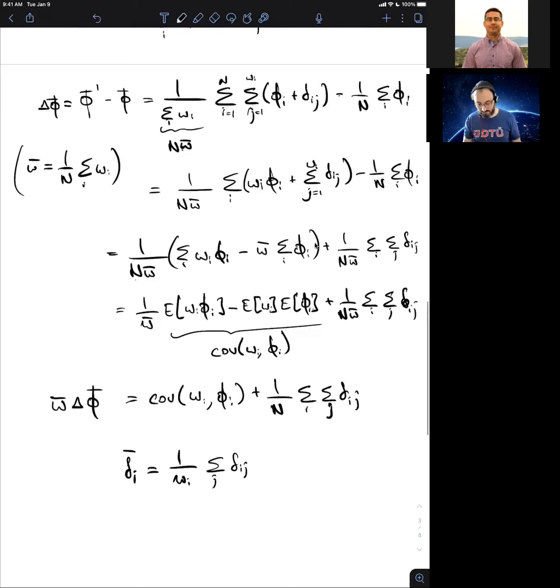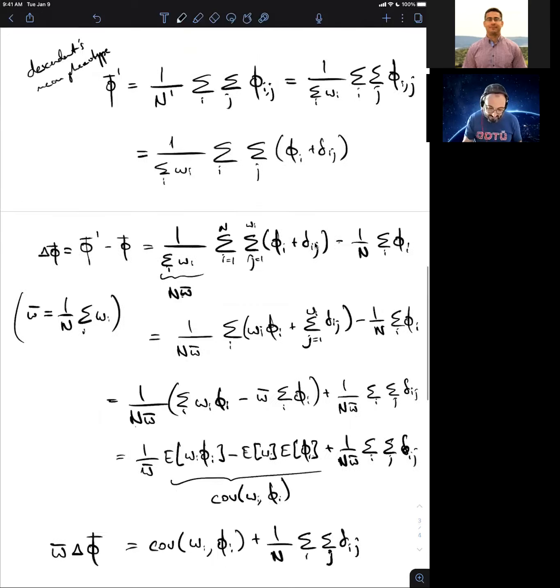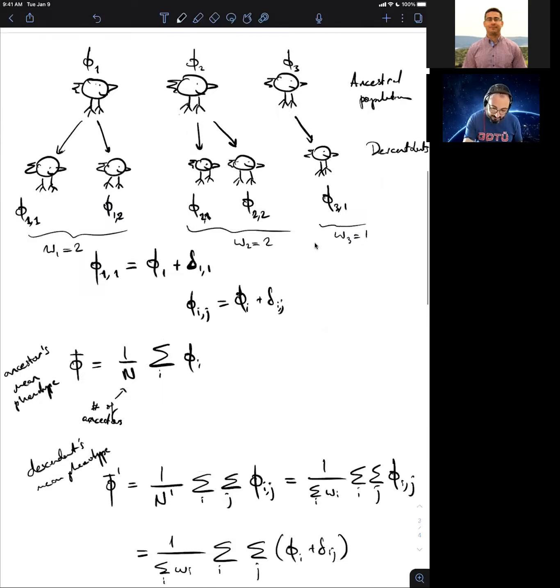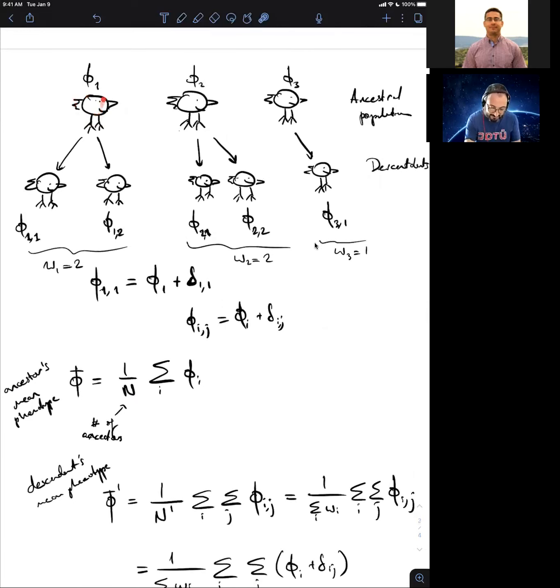So this is basically the deviation of, if you take a look at this first ancestor only, then you can calculate the mean of these deltas of its offspring.